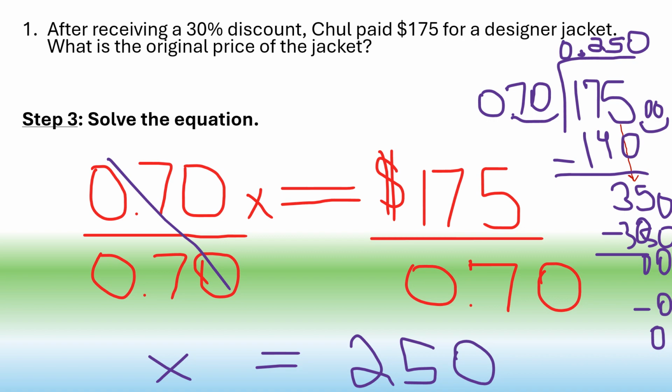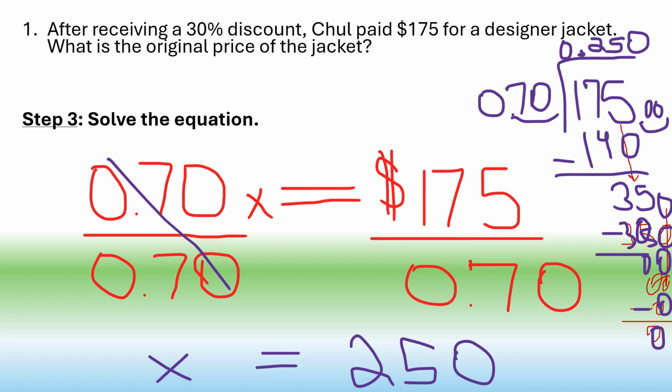This is 35, and then this 0 came down and it was 350, and so that's your answer, because 70 times 5 is 350. That leaves you with 0 and 0. Okay, so that's your answer there.